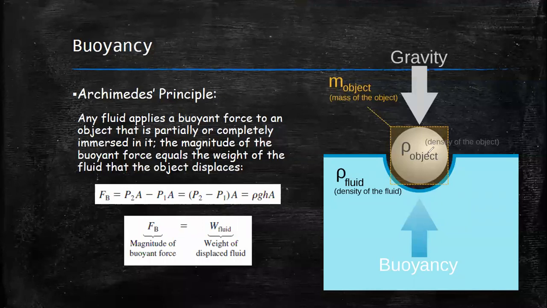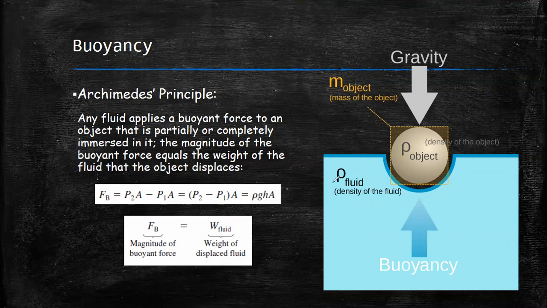Now let's consider this figure. Let's say we have here our object with a particular density. Then we have here the fluid where it is submerged.